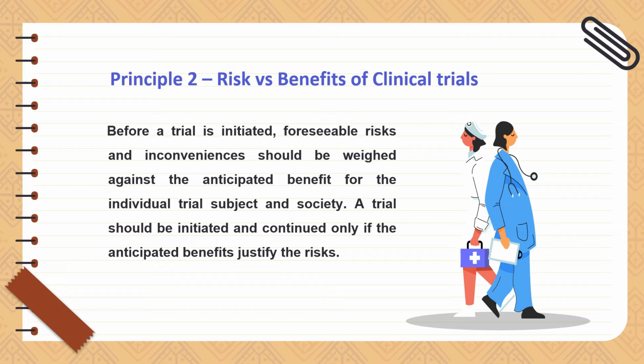Now moving on to the second principle, it highlights the risk versus benefit of the clinical trial. Before a trial is initiated, foreseeable risks and inconveniences should be weighed against the anticipated benefit, which means that even before you start the trial, the benefit should outweigh the risk. And this should be in the interest of subject safety and the society at large.